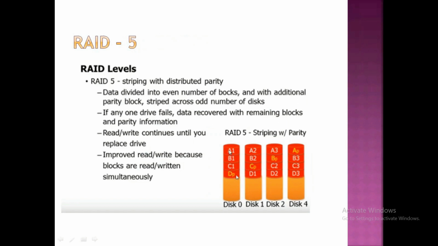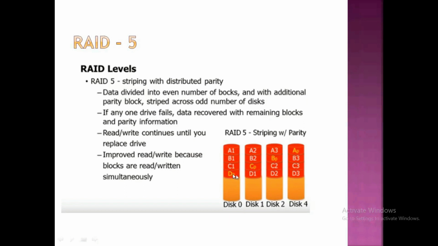For example, here I have A1, B1 and C1. For the A1, you will have the blocks in a different way, and here you have the parity block. This will have all the A data, the parity data, wherever the A is present. Then C1, C2, C3 will be in some different disk, you will have the C data.